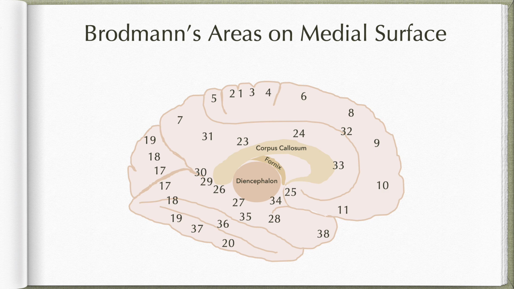So these numbers I have shown you, except 38 which is temporal pole, the rest of the areas you need not remember. Cingulate gyrus has got 6 different Brodmann areas marked on it.